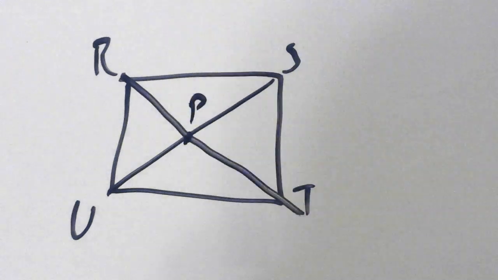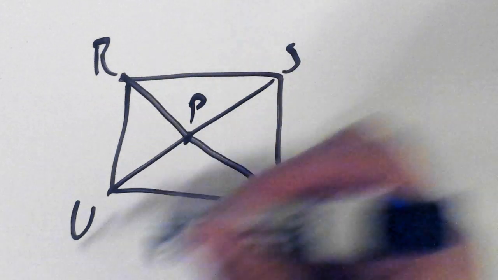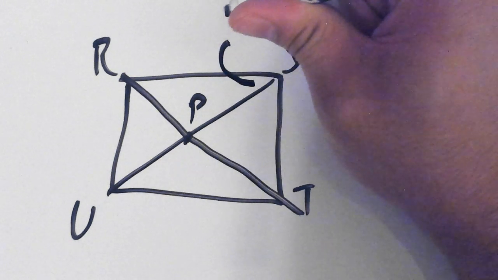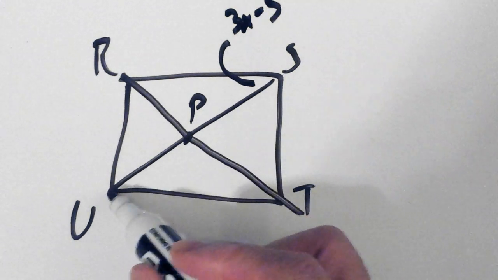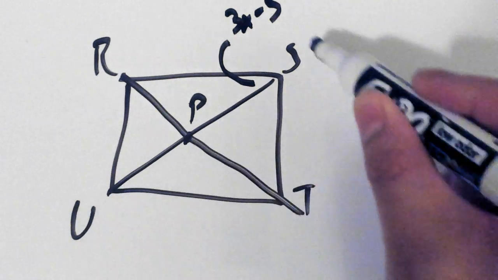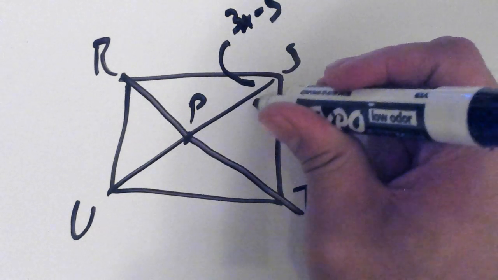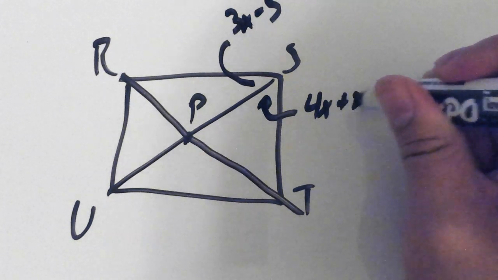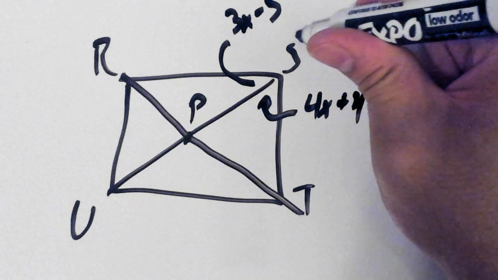Right here in the middle is point P. It says RSU, meaning this corner right here is 3x minus 5, and UST, this corner right here is 4x plus 4. We're trying to solve for x.